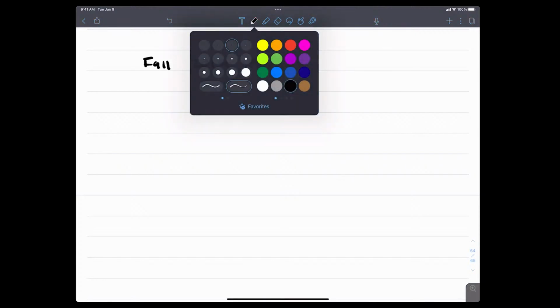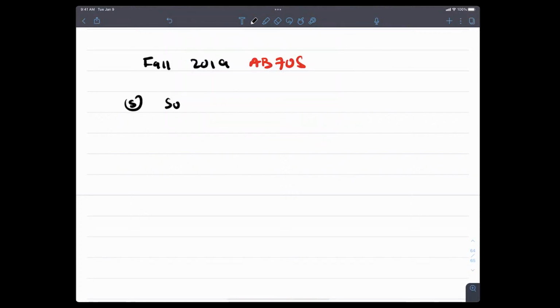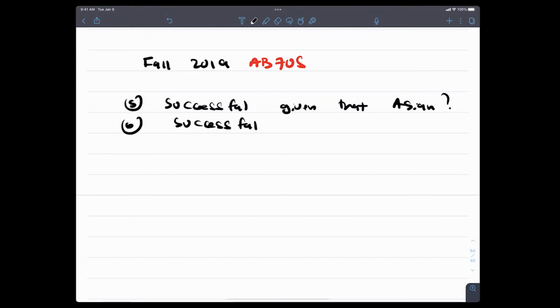Okay, so this will be 5. Probability you are successful, given that you are what? The first one was Asian. We'll do it the same order. Asian. Question 6. Probability you are successful, given that you are Black.